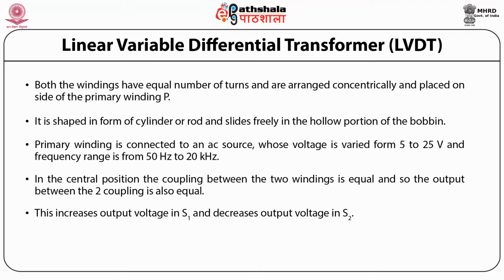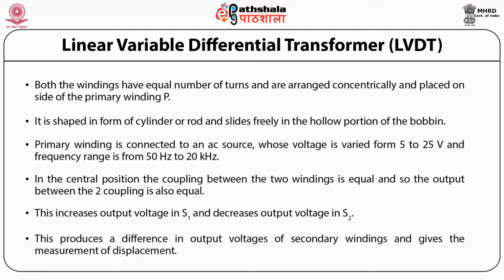An opposite effect happens when the core moves towards the right of the bobbin. Both windings are connected in series opposition. This produces a difference in the output voltages of the secondary windings and gives the measurement of displacement.